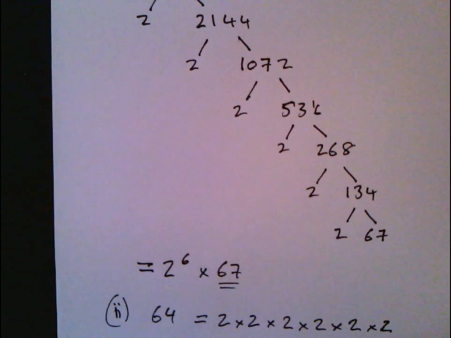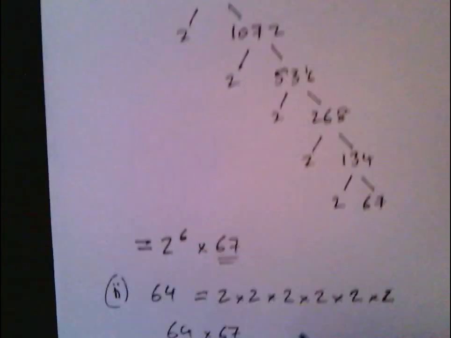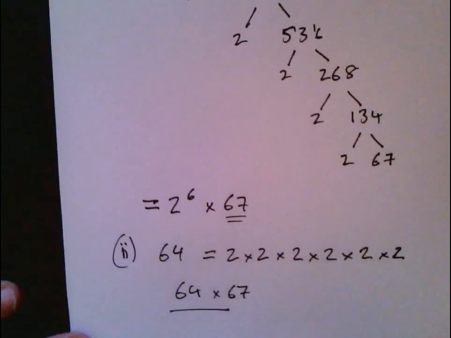So 2 whole numbers which are nearly as equal as possible is 64 times 67. Okay.